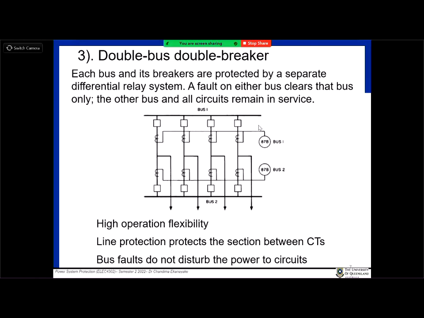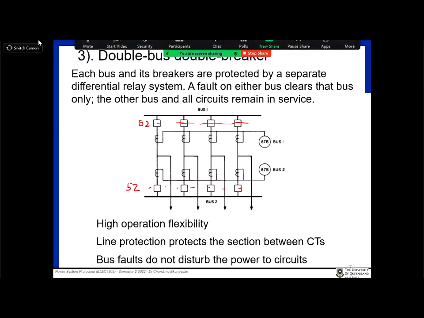This is called double bus double breaker, very reliable. See, you have bus 1 and bus 2. The squares are breakers, okay? These are 52s, all of them. This is also 52, right? Circuit breakers.